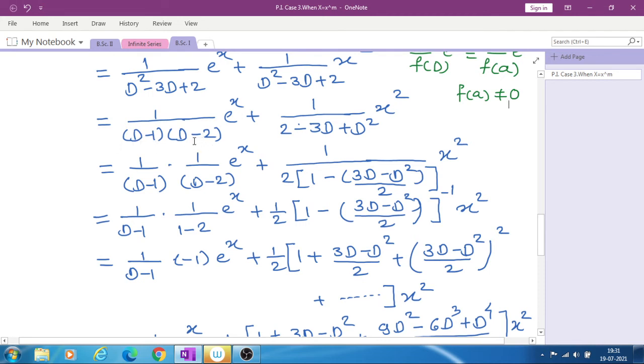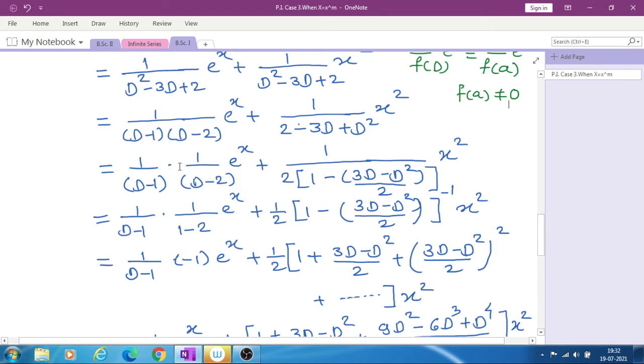But in the bracket D minus 2 we can substitute D is equal to 1. So first we operate the bracket 1 upon D minus 2, and keep 1 upon D minus 1 as it is. So I have separated these two brackets: 1 upon D minus 1 into 1 upon D minus 2 operates on e raised to x.